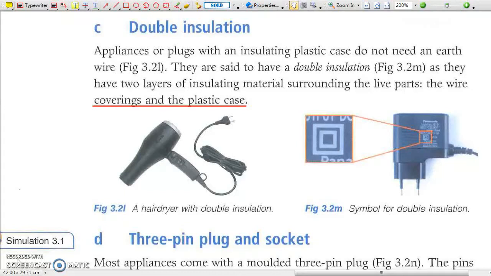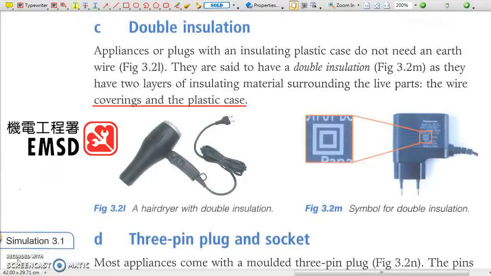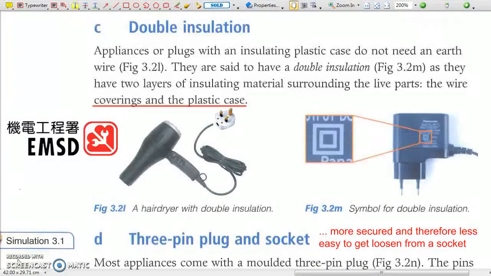Hair dryers are usually made of plastic, and so they don't actually need an earth wire. However, the EMSD of the government insists that appliances with double insulation still need a 3-pin plug, as the plug is more secure and thus less easy to get loosened from a socket.